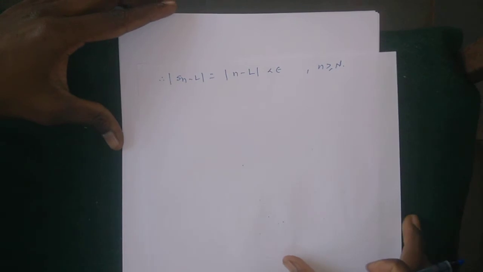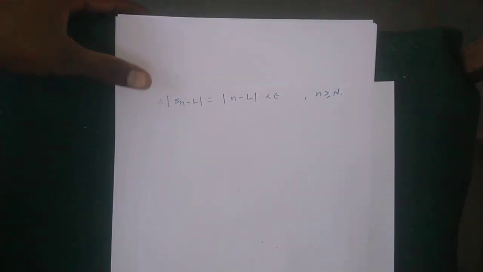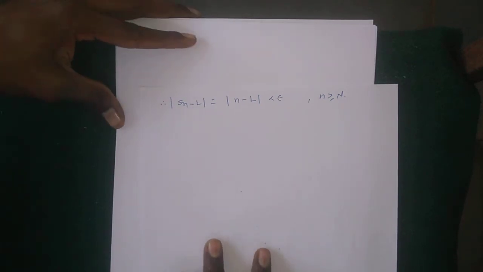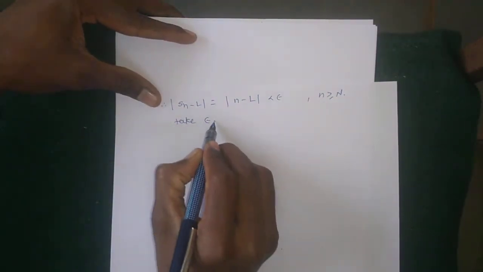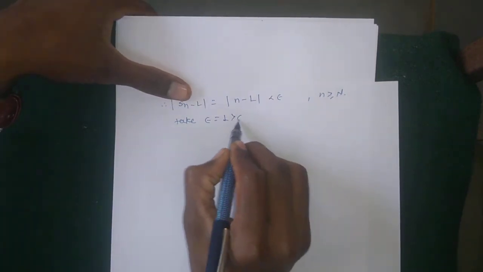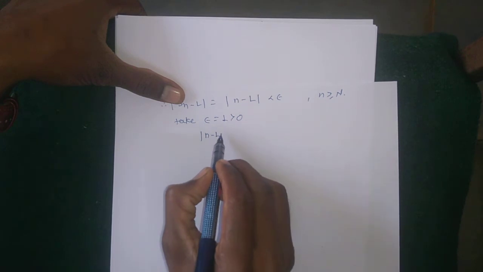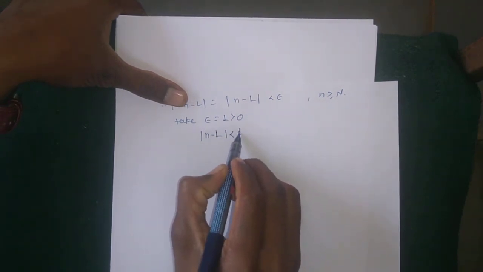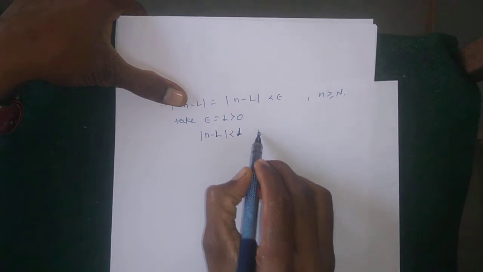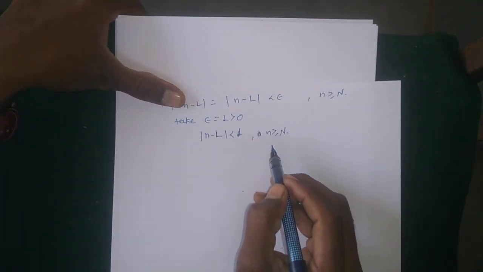But here we take epsilon equal to 1. Then mod n minus L is less than 1 for all n greater than or equal to 1.